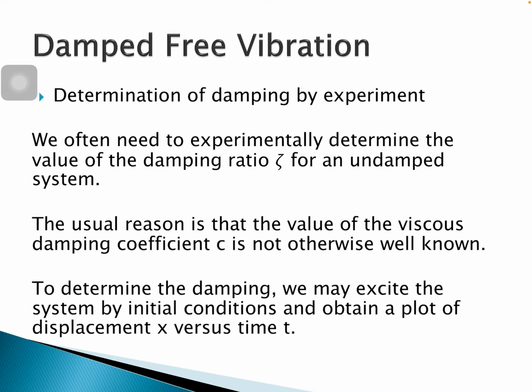Like a beam attached to the wall, we can displace the end of the beam and see how long it will take for the beam to stop. From there we can calculate the damping ratio zeta.